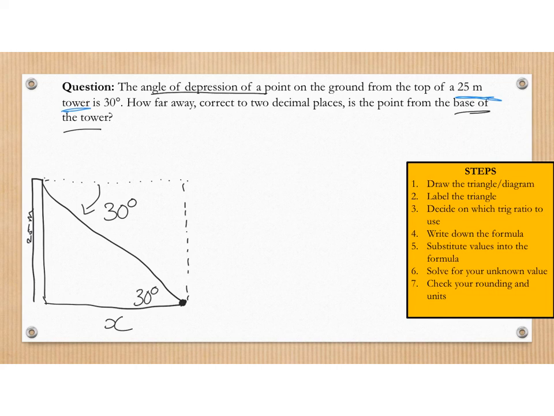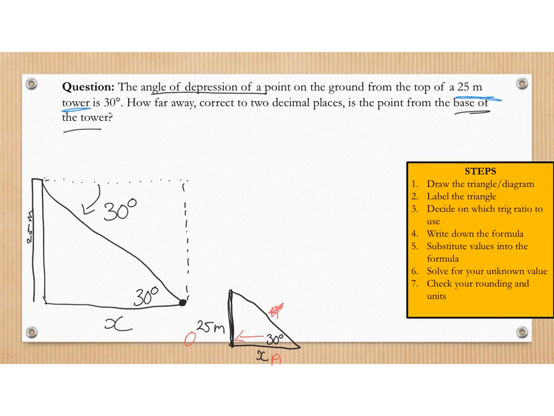And so what we can do is draw out our triangle that we need to be working with. 25 metres, x, and 30 degrees. And so what we're back to is a question that we're quite familiar with. Just draw that in a bit better, 30 degrees. So now I'm up to step 2, labelling my triangle. So from the reference angle, opposite, adjacent, hypotenuse.